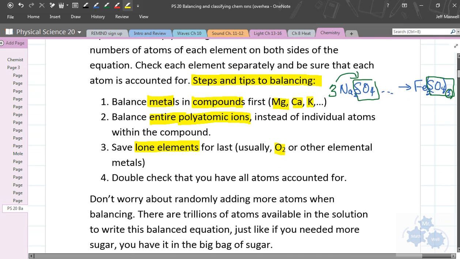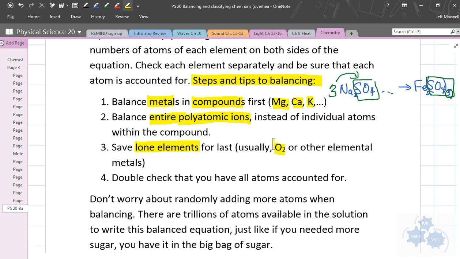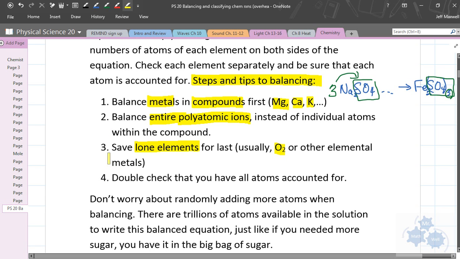Save those ones for last again. And then double check that you have all atoms accounted for. Hydrogen is another good one to leave towards the end, because hydrogen is usually in a lot of different compounds, and you don't want to chase around the hydrogen and the oxygen first. So, anyways, that's kind of the simplest sort of steps and tips that I could give you, and then of course double check at the end. Okay.